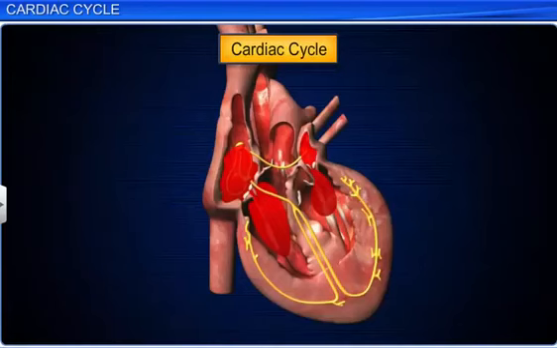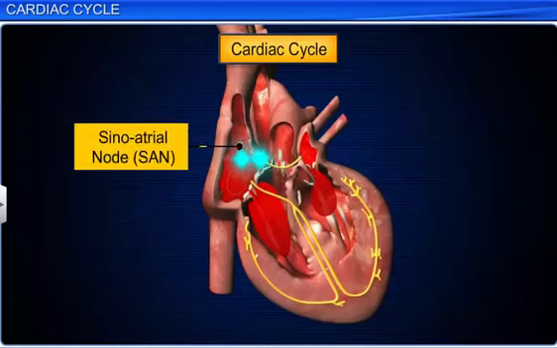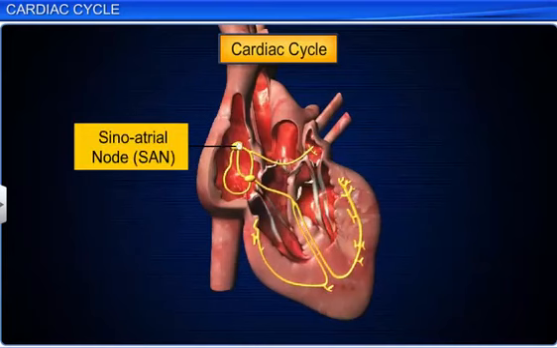Now the 4 chambers are once again in a relaxed state or joint diastole. This sequence of events is repeated again as the SAN generates another action potential, resulting in the cardiac cycle.